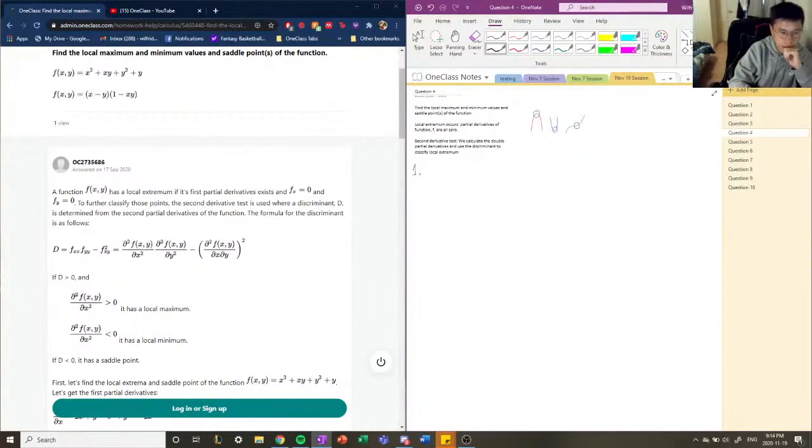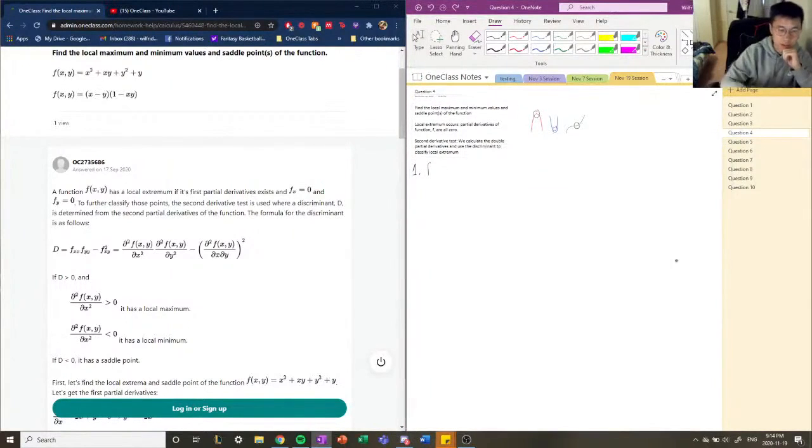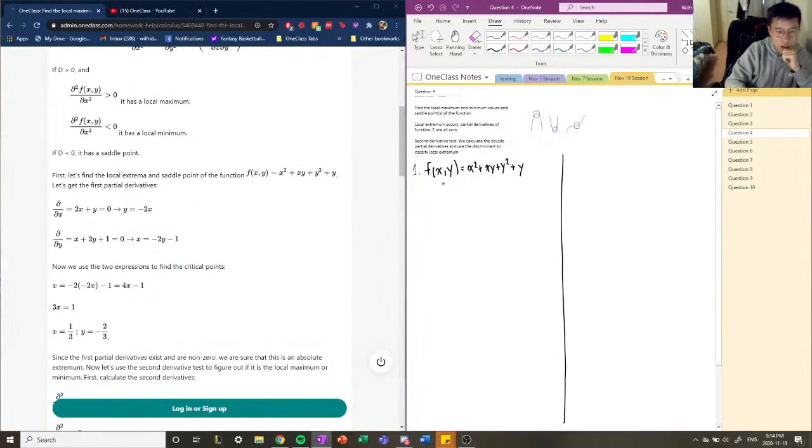Okay, so our first function here is f of xy. Maybe I can make this thicker. So f of xy equals x squared plus xy plus y squared plus y. All right, so let's calculate our partial derivatives first.